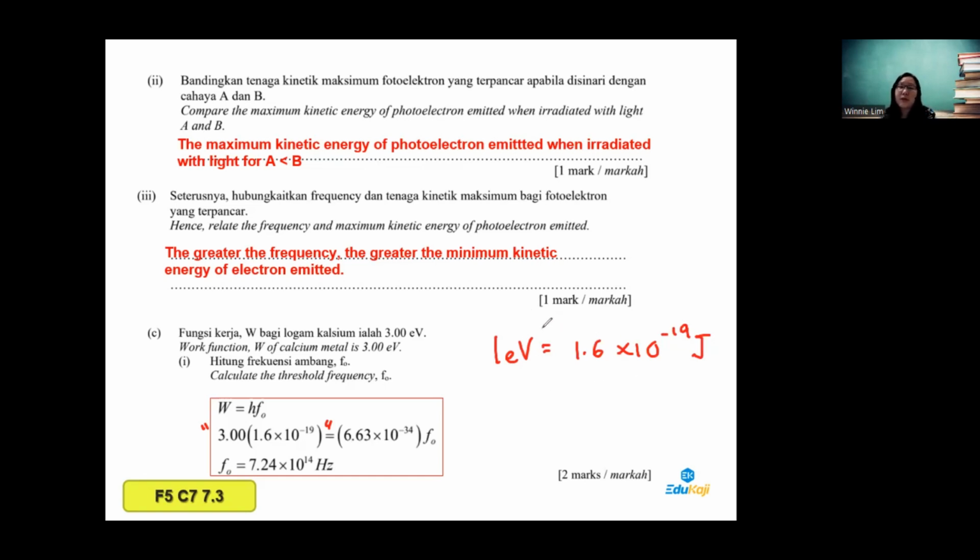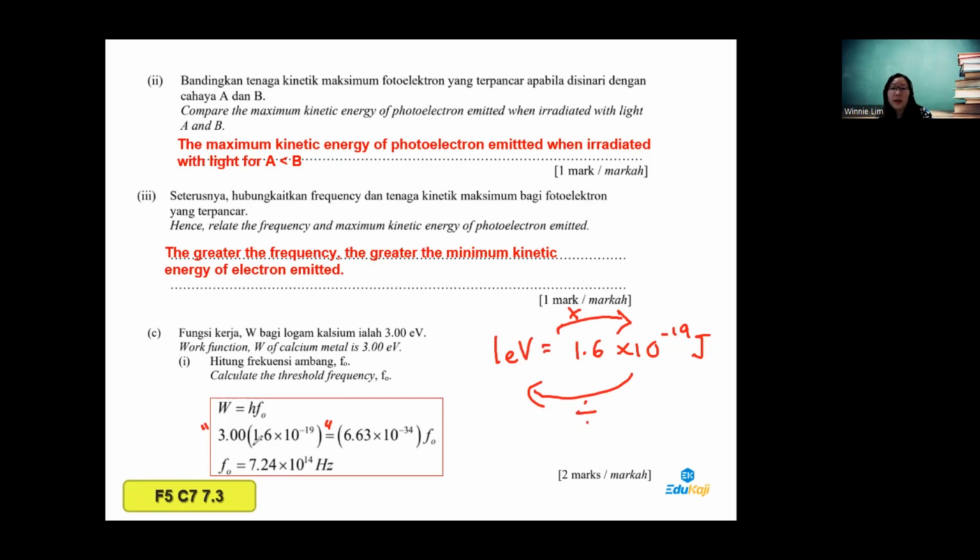So you change eV to joule. You have to multiply. If you go the other way around, changing to eV, then you have to divide.